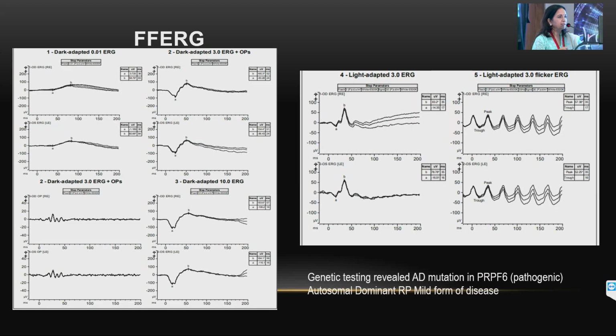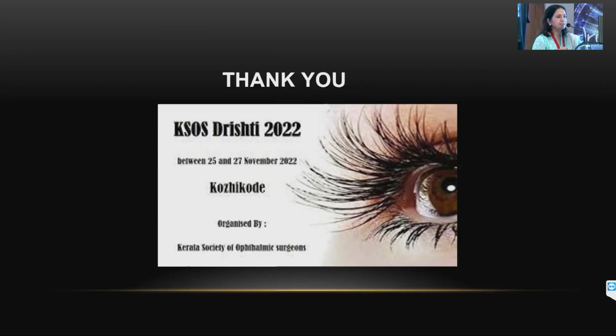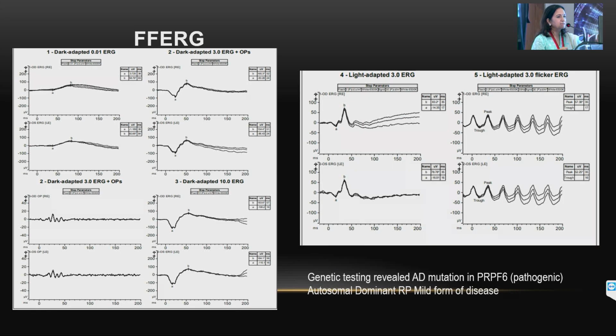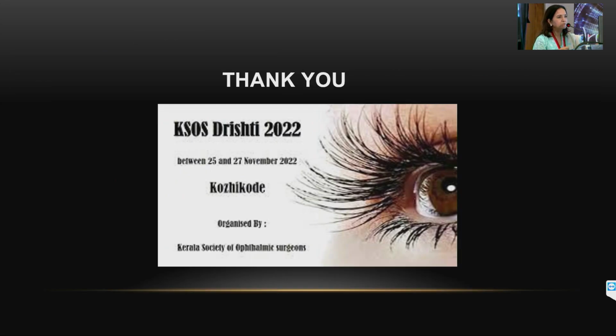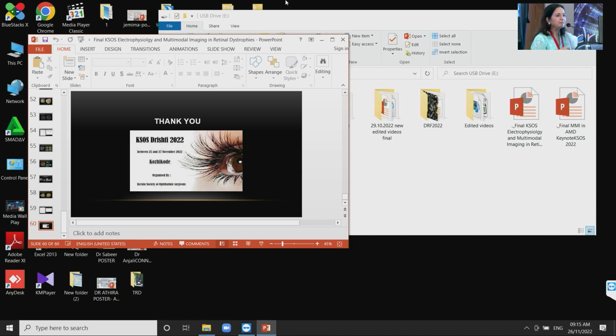We got the genetic testing done. ERG was also slightly less, and the genetic testing showed a PRPF6 mutation, which is an autosomal dominant form of RP, a mild disease, which explains why the patient presented much later in life. So with knowledge of ERG, you may not become an electrophysiologist, but it is one more test that will definitely help you in making many more diagnoses.